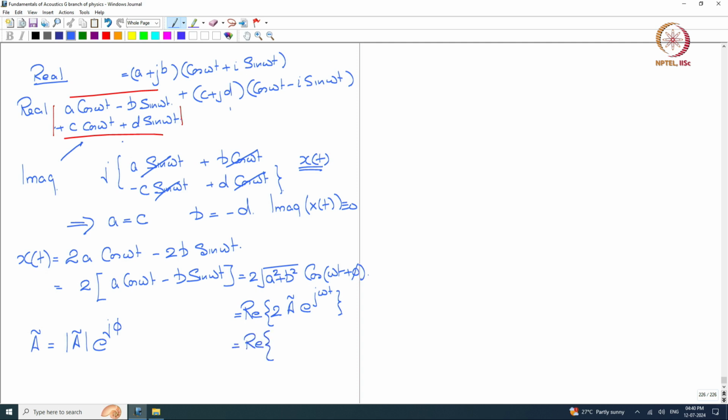Real part of twice magnitude of A tilde e to the power of j phi e to the power of j omega t, which is equal to the real part of twice magnitude e to the power of j omega t plus phi, which gives me twice magnitude of A tilde cos omega t plus phi, and magnitude of A tilde is square root of A square plus B square.